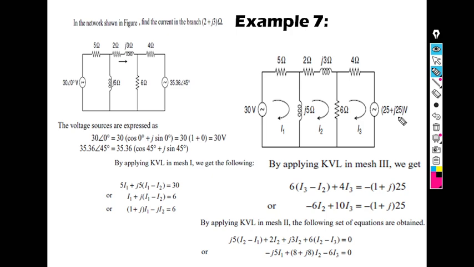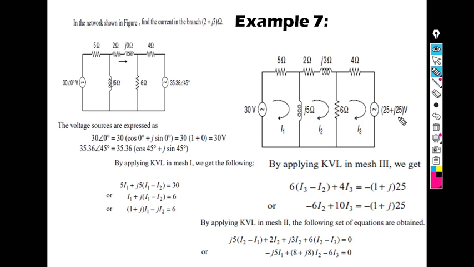Don't forget this. A plus jB form is a rectangular form, and something x angle 0 is a polar form. Now sometimes it is required to convert from polar form to rectangular form, and sometimes rectangular to polar form.